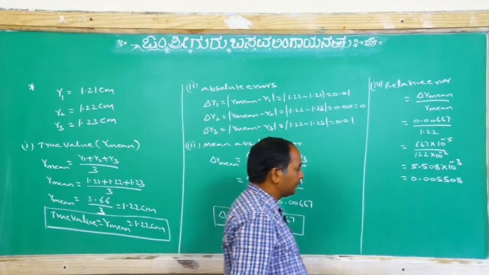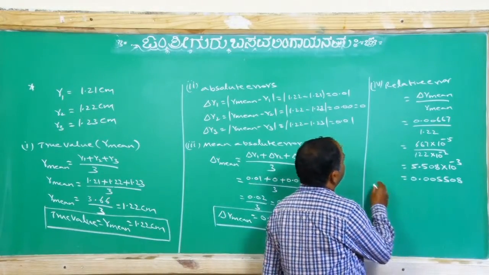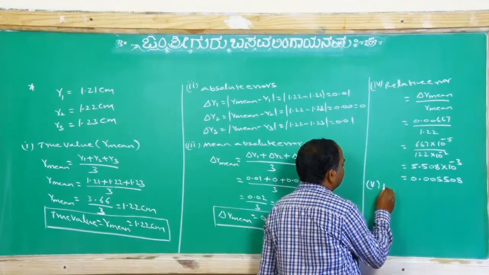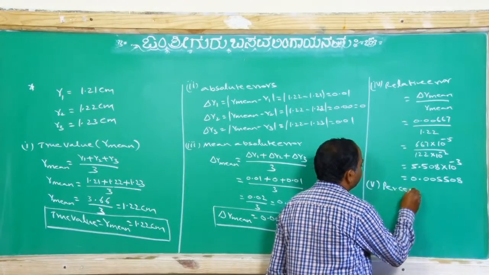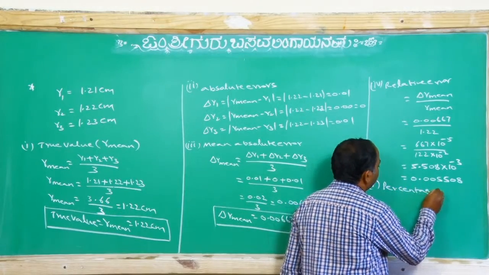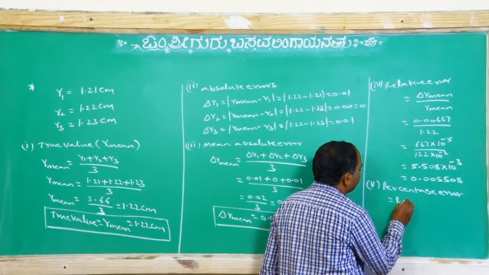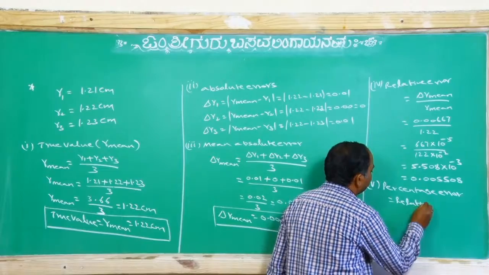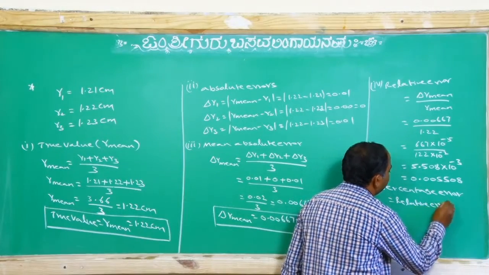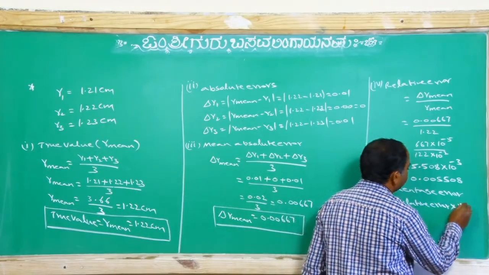That is the relative error. After that, the percentage error. Percentage error is equal to relative error into 100%.